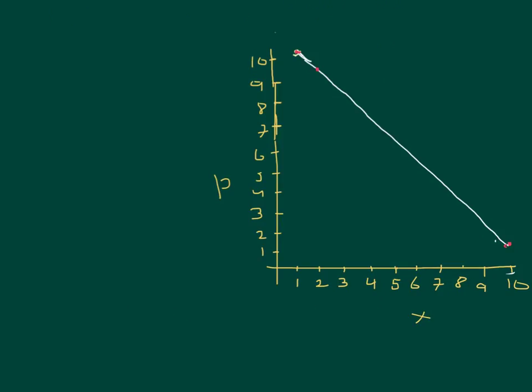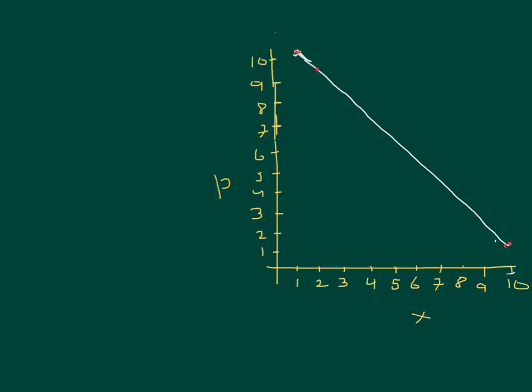Plotting this demand schedule, we get the following demand curve, where, as we can see, when price is $10, only 1 unit is bought, and as price drops all the way to $1, we have demand increasing all the way to 10, so we have 10 units being bought.